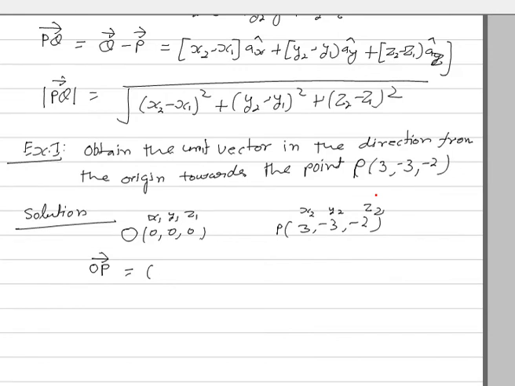So we can write the expression for the distance vector: 3 minus 0 unit vector Ax plus minus 3 minus 0 unit vector Ay plus minus 2 minus 0 unit vector Az.